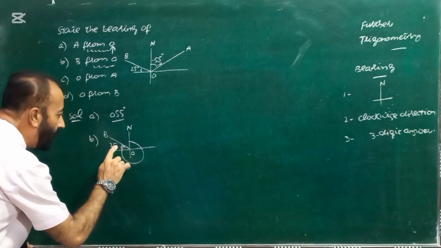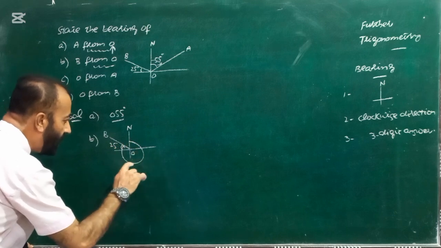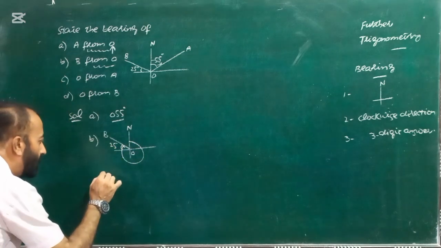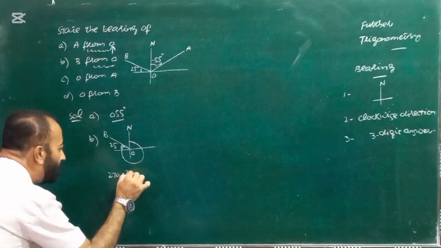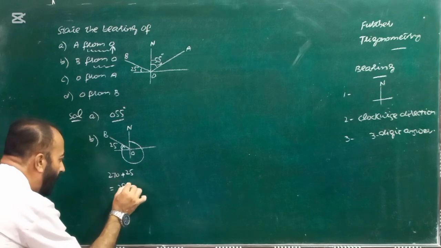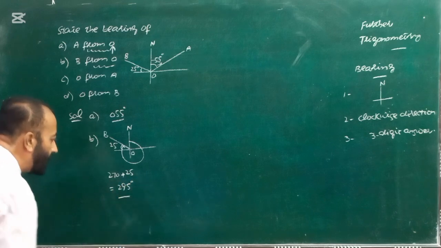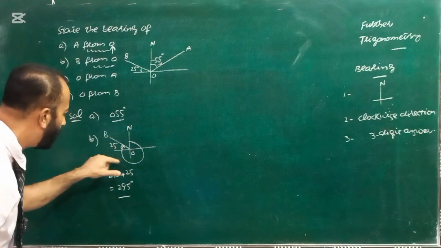To the 270°, this 25° which is already given will be added to give the complete bearing. So 270 plus 25 is equal to 295°, the bearing of B from O.